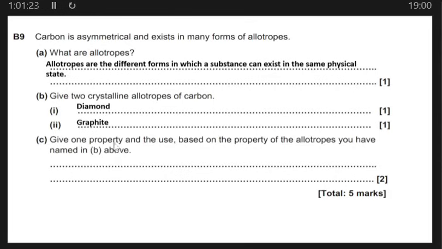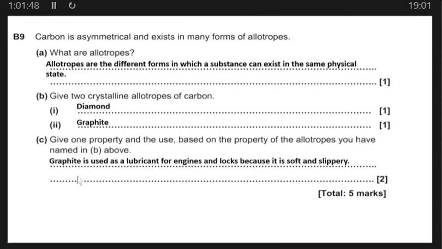C. Give one property and the use based on the property of the allotropes you have named in B above. So we will pick one. Let's say we pick graphite. So we are saying graphite is used as a lubricant for engines and locks because it is soft and slippery.